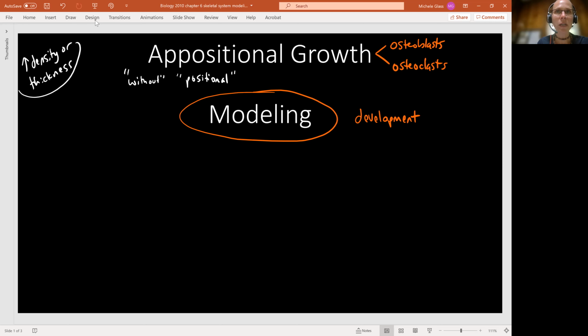So as we increase in age and body size, we need our skeleton to increase in density as well. Now, in the case of modeling, you're going to see two things happening, and these probably are not in the order of step 1, step 2, so let me just make them bulleted points.